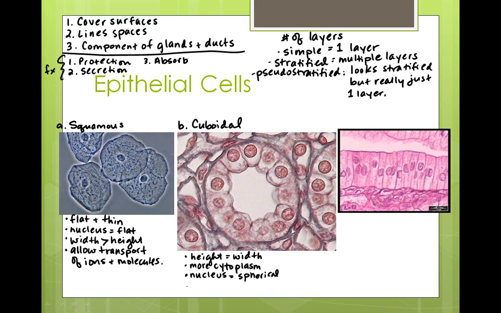And their main roles are protection and secretion. Oh, and I should probably mention that the function here of these epithelial tissues is that they provide protection from chemical and mechanical stress.